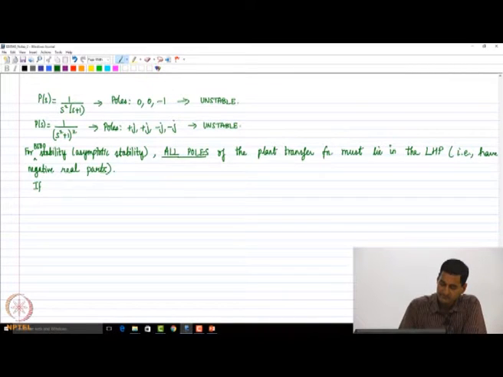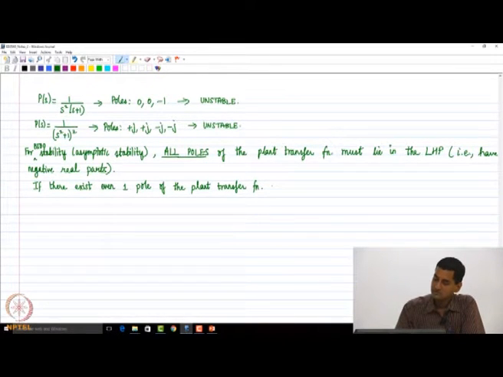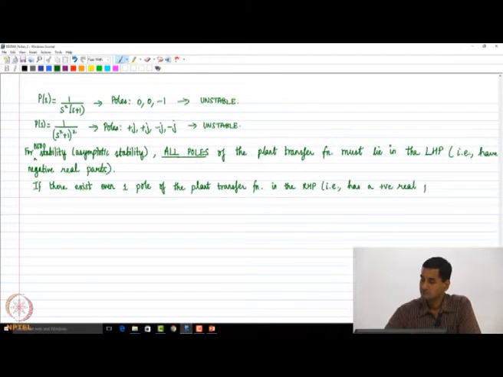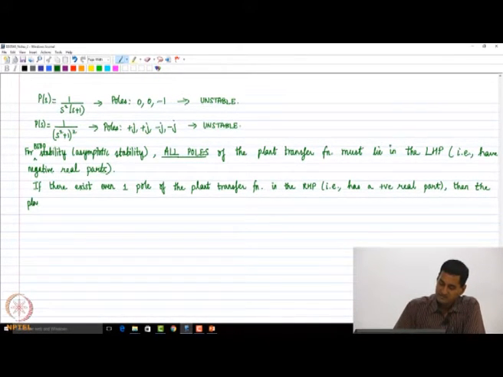If there exists even one pole of the plant transfer function in the right half plane, that is, with a positive real part, then the plant or the system is not BIBO stable.